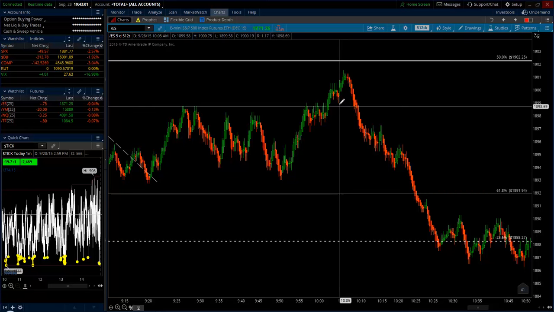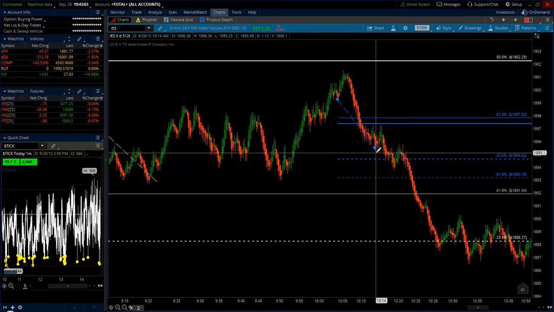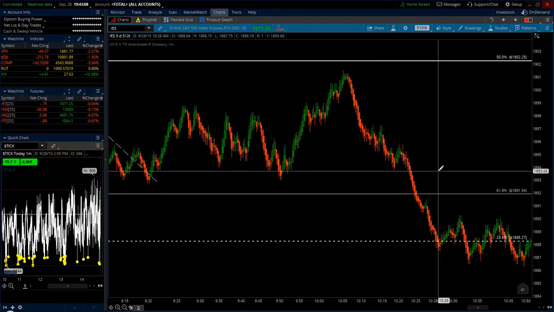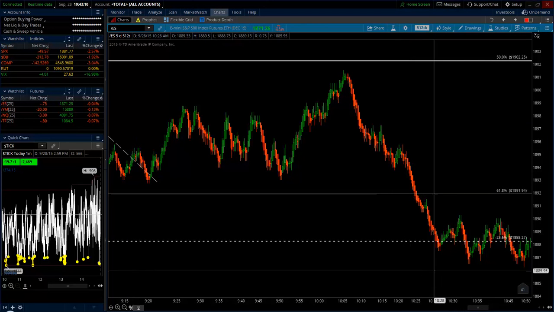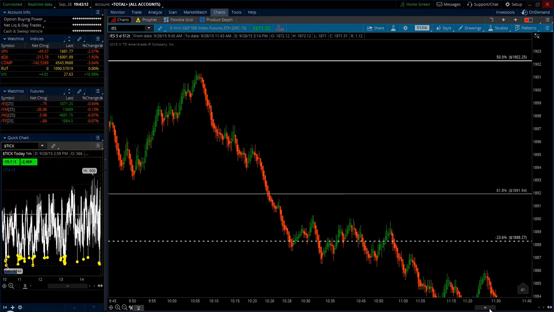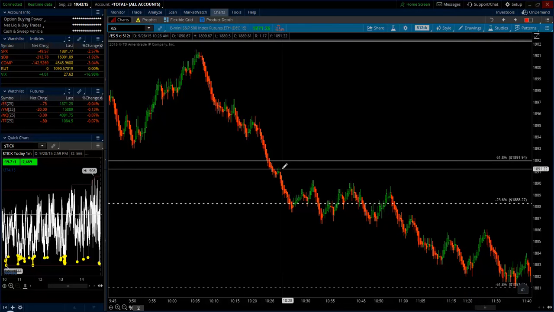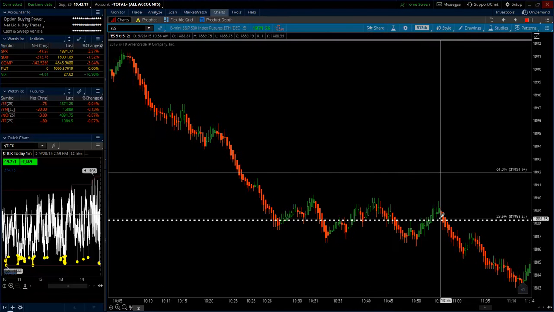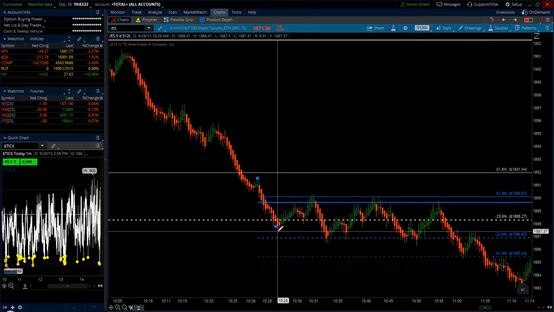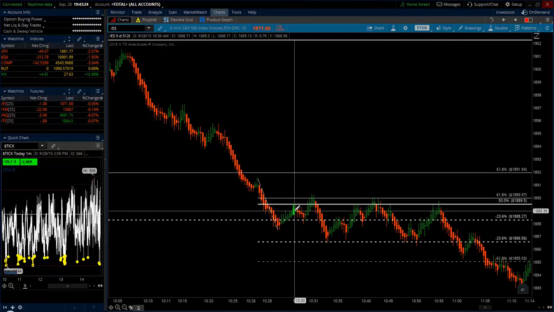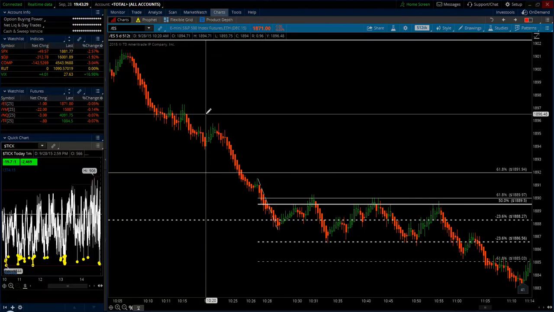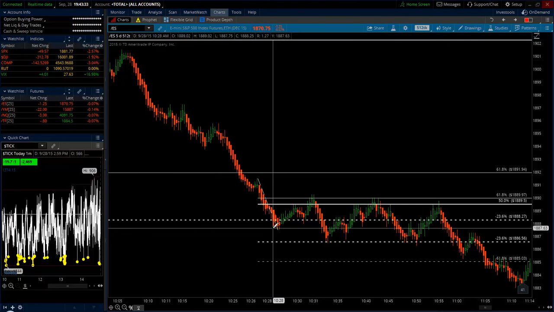You'll notice that we went into an extension right off the low, and when we do that, it is a sign that yes, there's momentum to the downside. But if you're trying to short lows at this point, you feel like, well, there's some momentum that has been showing its hand, if you will, and I feel like the market's going to go lower.